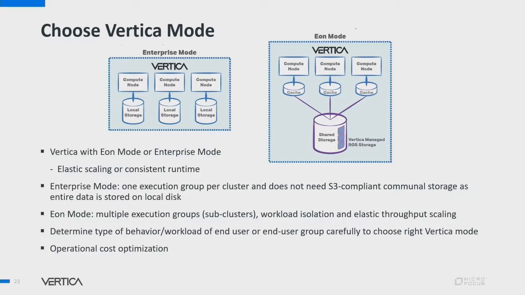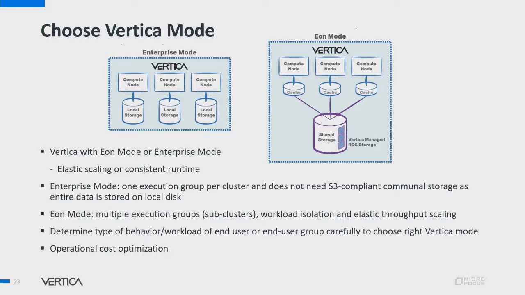And the first thing we need to consider as a best practice would be to choose the Vertica mode right. Vertica provides two flavors of database mode: the traditional Enterprise mode, and the second one, the cloud-based Eon mode, which is basically developed based on the cloud architecture.